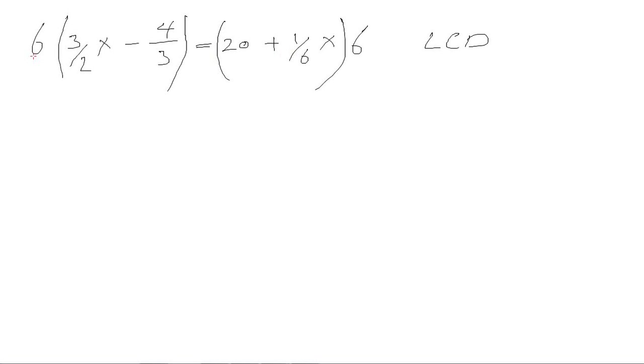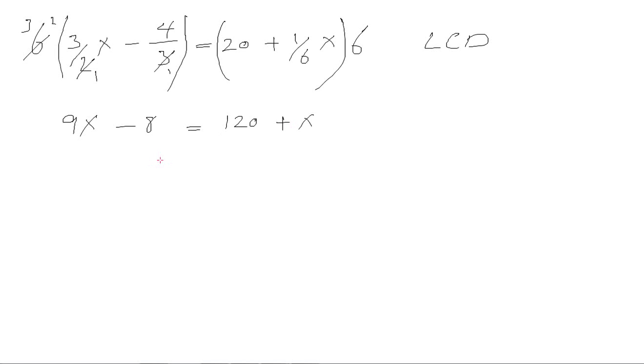If I multiply 6 by 2/3, you see that the 3 cancels with 6 and I have 2 times 2... 3 times 3, 9x, and the 3 cancels with 6 and I'm left with 2, so it would be minus 8 equals 6 times 20 is 120, and then the 6 cancels with 6 and I have just plus x.